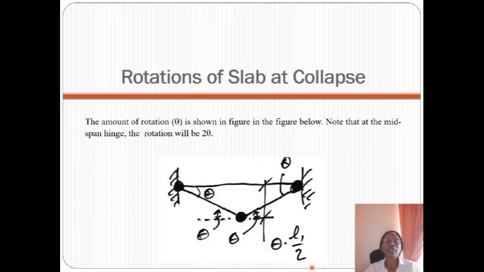The rotation of a slab at collapse, the amount of rotation theta, is shown in the figure below. Note that at the middle span hinge, the rotation will be 2 theta.